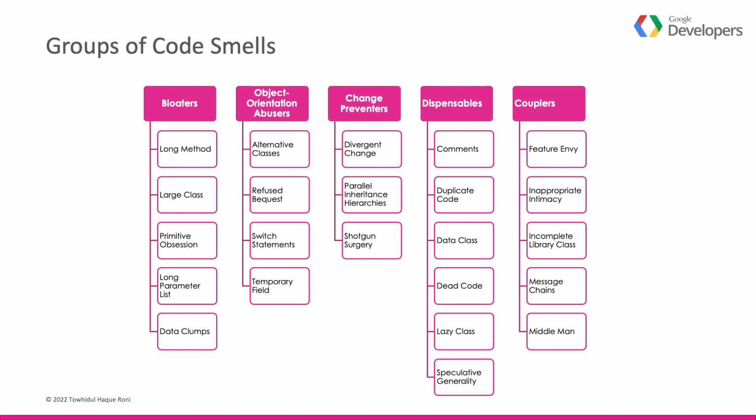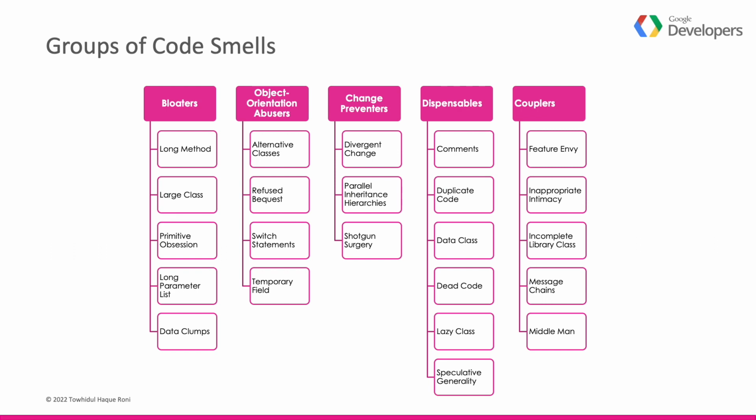Change preventers are another category of code smell that includes divergent change, parallel inheritance hierarchies, shotgun surgery, and others. These smells make it challenging to introduce changes or modifications in the code base, increasing the risk of introducing bugs or causing unintended consequences.